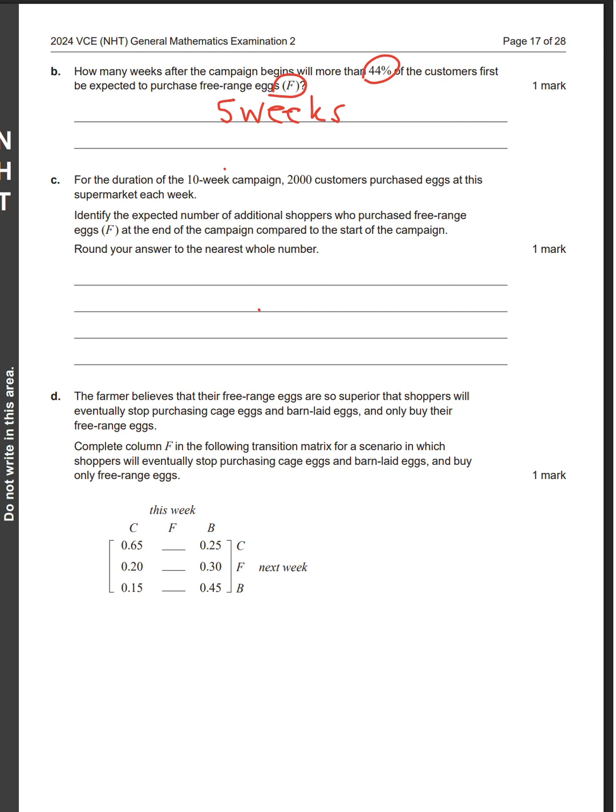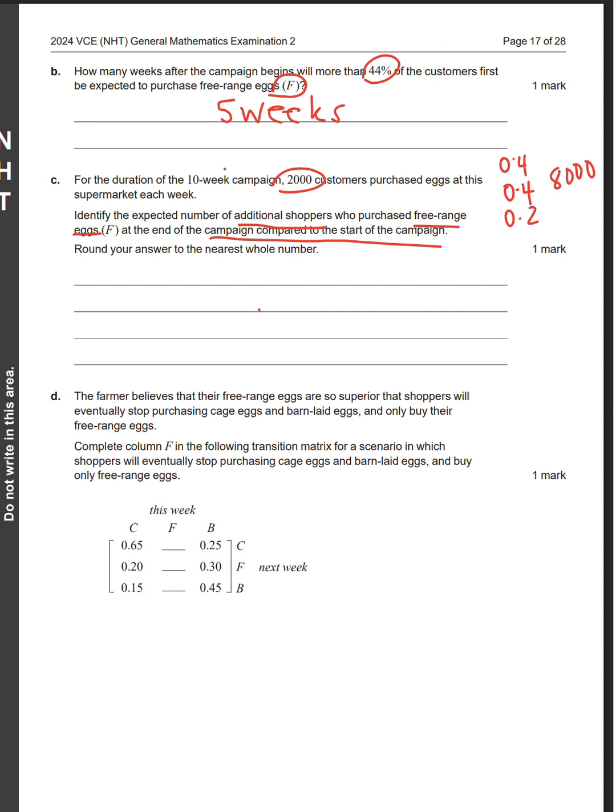Okay. For the duration of the 10-week campaign, 2,000 customers purchased eggs at each supermarket. Identify the expected number of additional shoppers who purchase free-range eggs at the end of the campaign compared to the start of the campaign. All right, so I've got 0.4, 0.4, and 0.2, and there's 8,000.